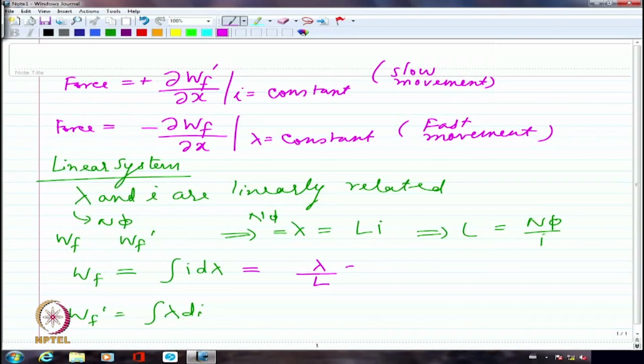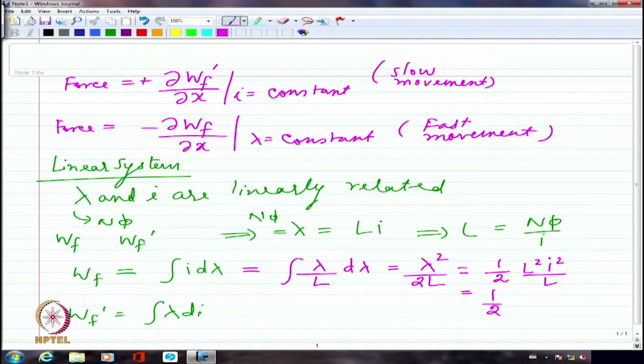So I am going to get lambda square divided by 2L as the integral. If I want the overall field energy, this is what I am going to get, which I can write as Li the whole square, lambda is Li the whole square. So I can write this as half multiplied by L square I square divided by L, which is half Li square anyway, which we know as the field energy, right?